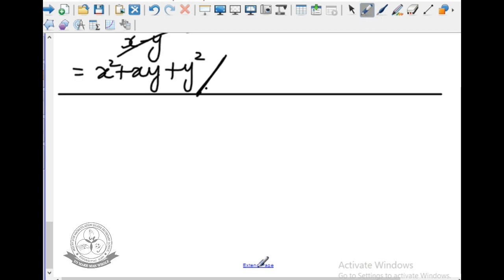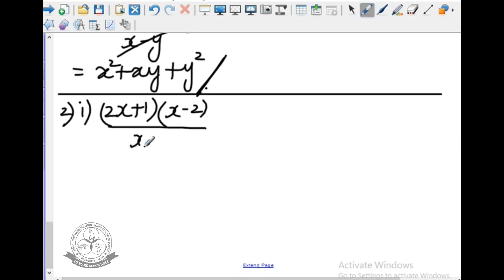Now second question, first subdivision: 2x plus 1 into x minus 2 whole divided by x minus 4, minus 2x squared minus 5x plus 2 whole divided by x minus 4.